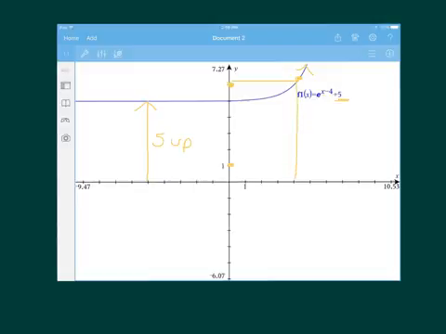And if I notice, that happens at x equals 4. So it must have been shifted right 4. And so then you get the function. It's positive exponential. The right 4 comes from the exponent. Notice it's negative 4. And the up 5 comes from the outside. And that's it. You can do that analysis on any of the functions.